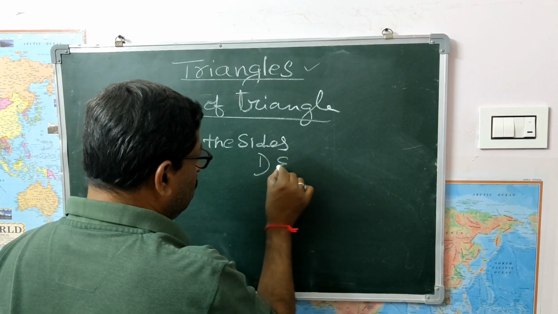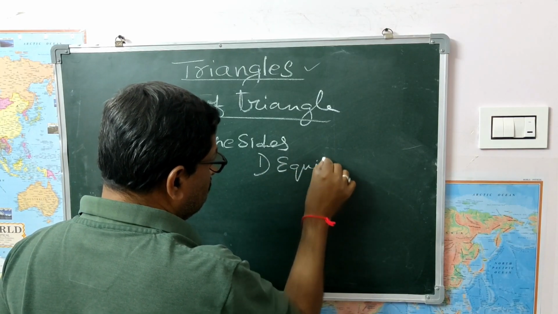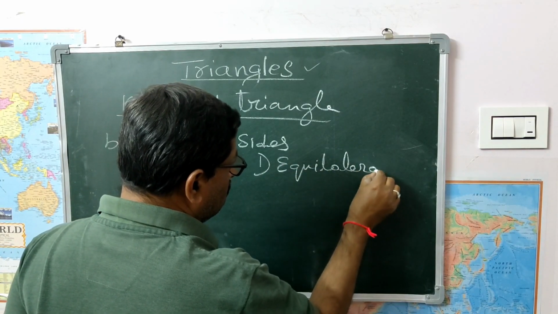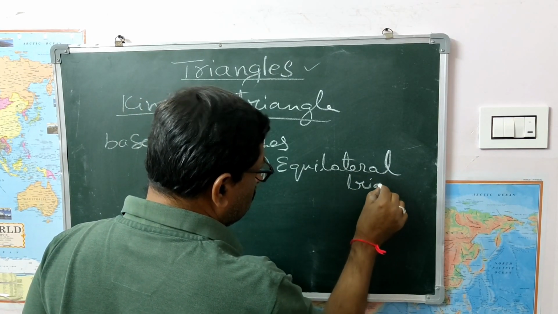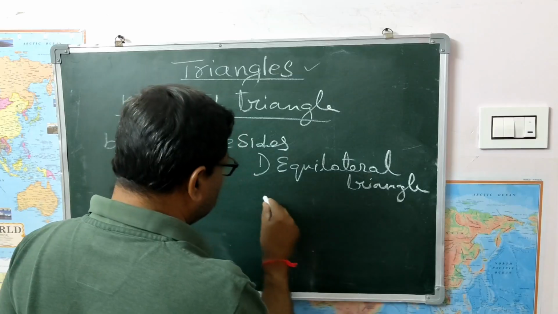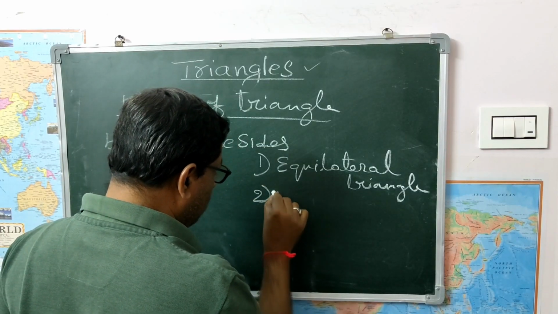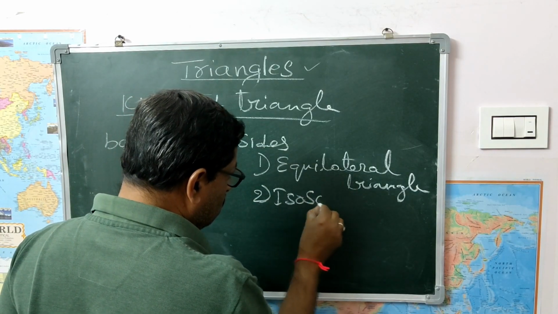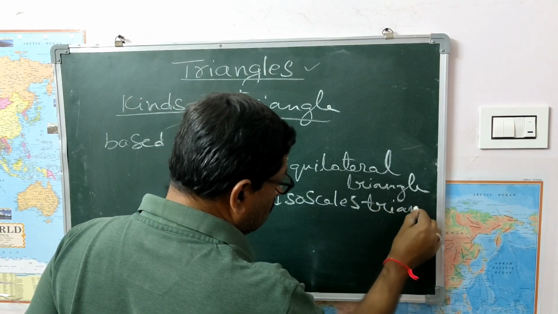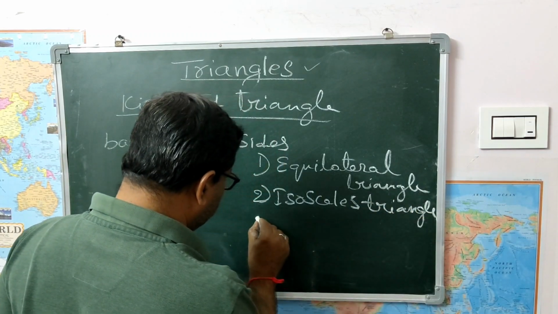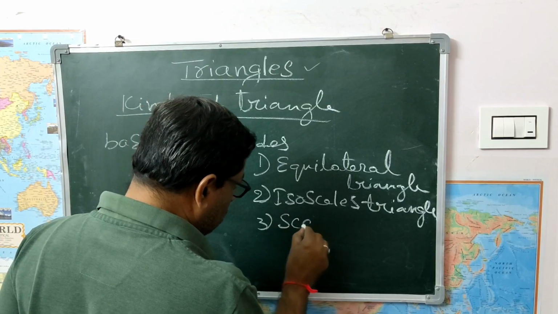One, equilateral triangle. Two, isosceles triangle. Three, scalene triangle.